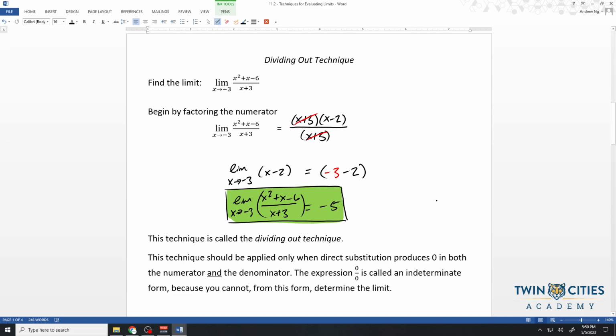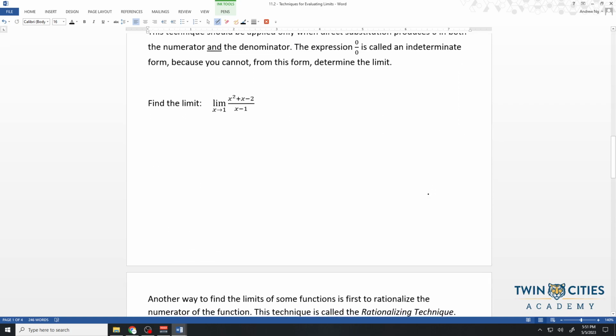Now this should be used when you try to use direct substitution and it produces a 0 in both the numerator and the denominator. That expression 0 over 0 is called an indeterminate form because from that alone you cannot determine the limit. Here's another one.